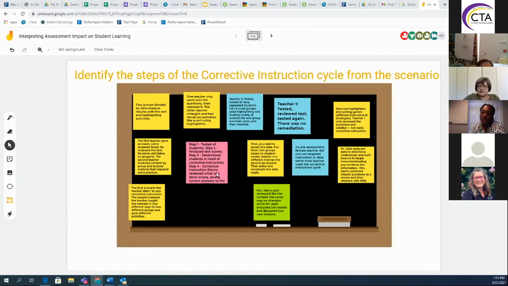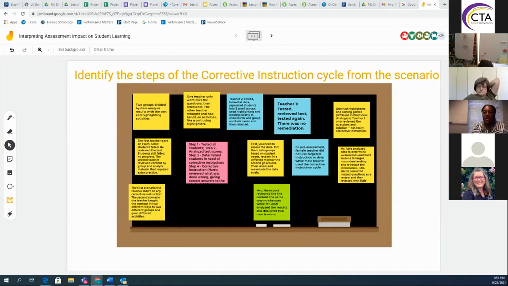That's, I think, what we were talking about. So she looked at her scores, but she didn't go into as much depth as the other teacher did. Correct. She went over the correct answers with the students. That's what she did. Yes.